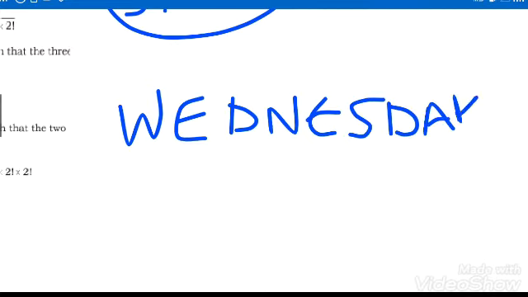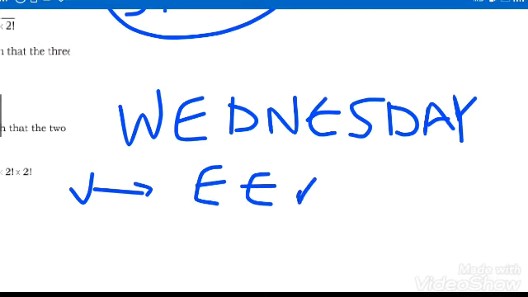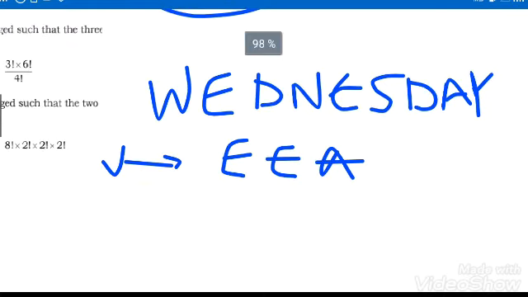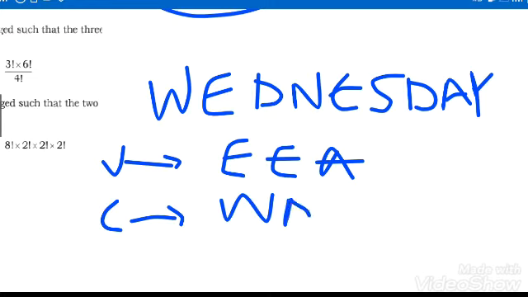Okay, so let's bring out the vowels. The vowels in this word will be just E and A, but we have E repeated twice and we have A. And the consonants will be W, D, N, S, D, and Y.